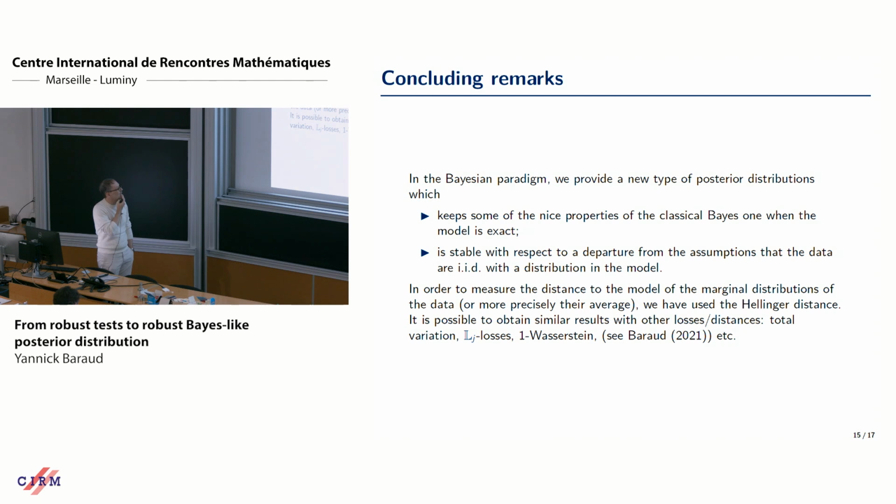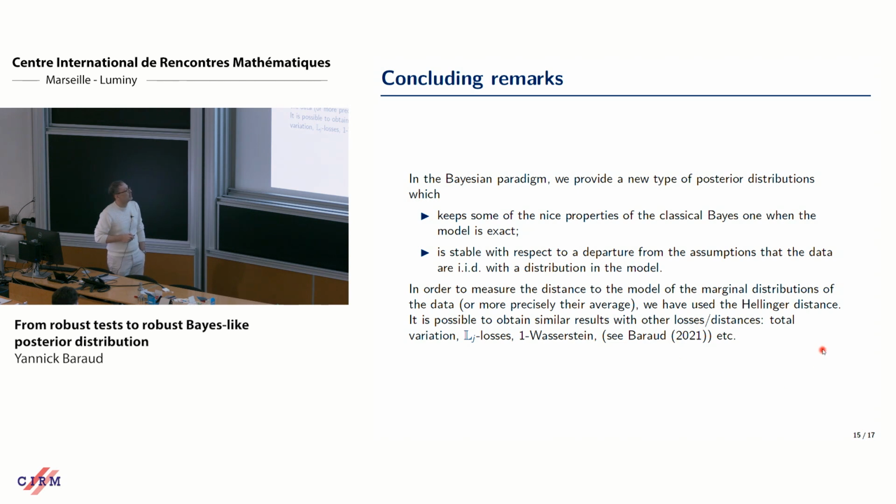I just mention that what I've shown you here was based on neighborhoods based on the Hellinger distance, but actually you can do neighborhoods with respect to other losses. You can use L1 losses, Lp losses, Bayesian losses, whatever. Maybe not all the losses you have in mind, but a lot of possible losses.